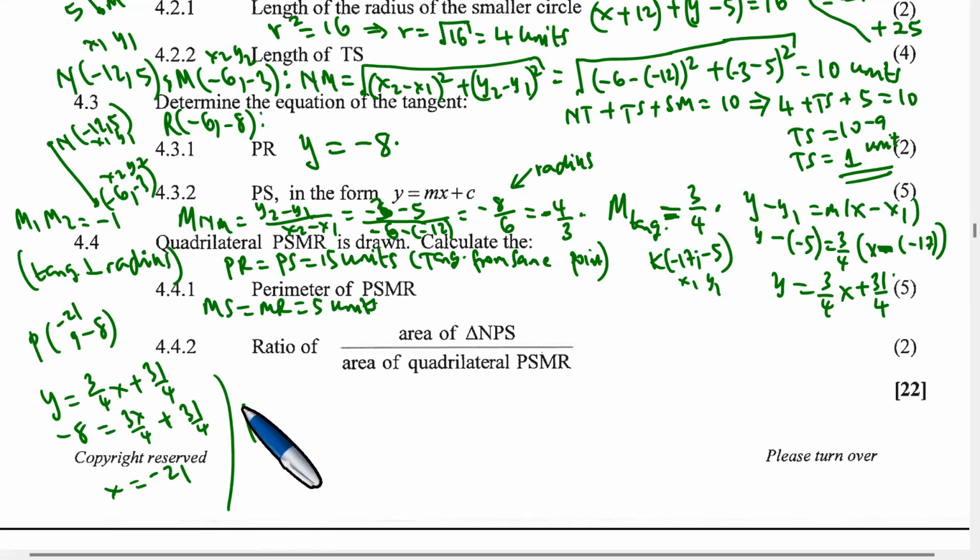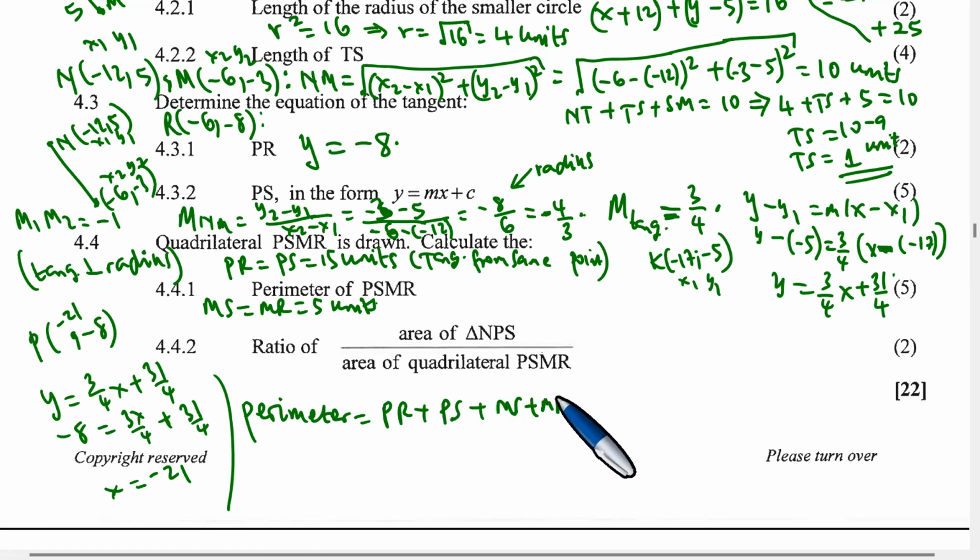So the perimeter is going to be PR plus PS plus MS plus MR. What is PR? It's 15. What is PS?